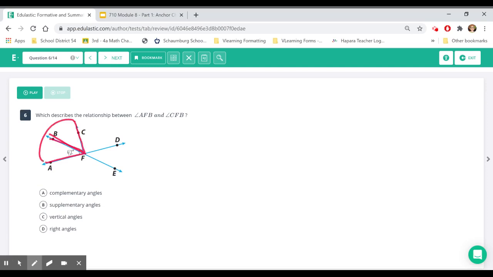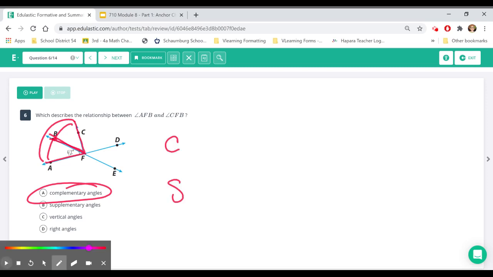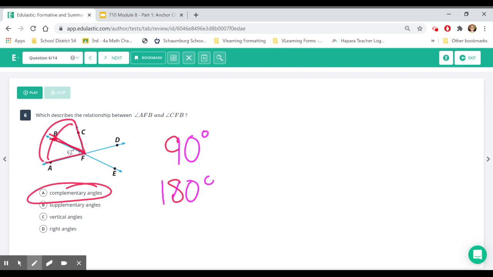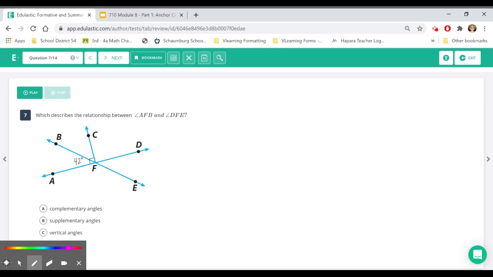They make this 90-degree angle pair, so that is complementary. Quick way to remember complementary versus supplementary: C can be turned into 90 and S can be turned into 180, so that means that's what they sum to. Which best describes the relationship between AFB and DFE? These are vertical angles, so they're congruent.